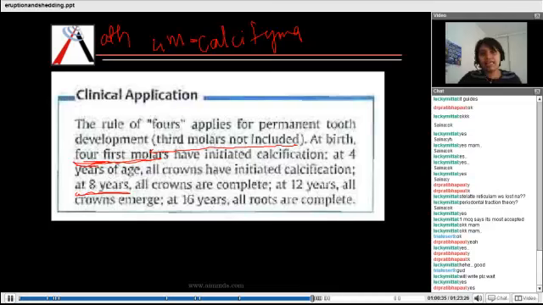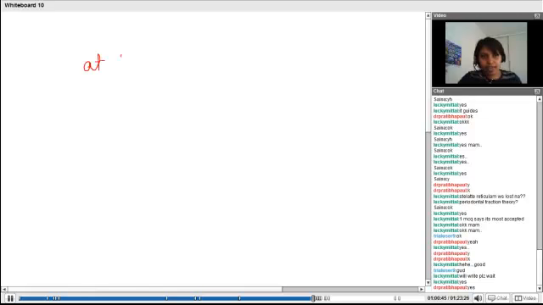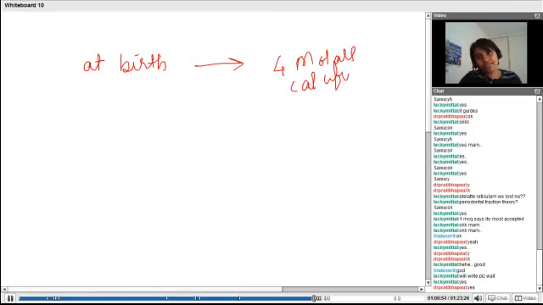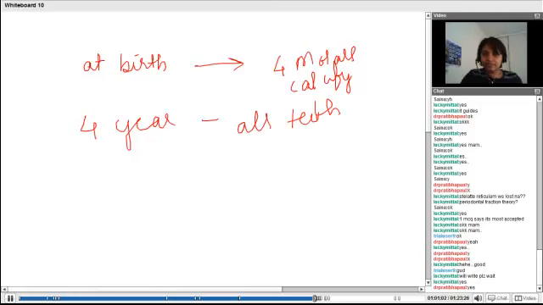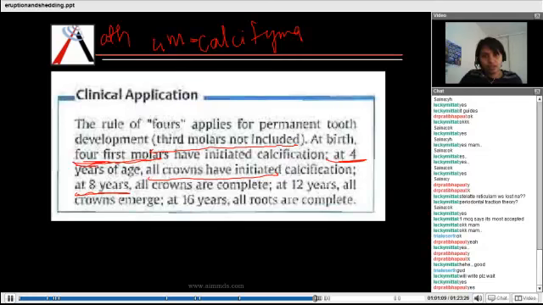At 4 years, all crowns calcify. Let us just write it down somewhere, right? Nicely, look. At birth, you can write it down with me. 4 molars start calcifying. At 4 years, all teeth start calcifying. Okay. At 8 years, all crowns are completed.